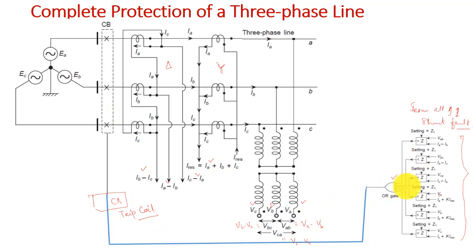So for any kind of fault, single line to ground fault, double line to ground fault, double line fault, triple line fault, or 3 phase balanced fault, 3 phase to ground fault, it will cover protection of the 3 phase transmission line. This is the complete protection scheme of a 3 phase line by using the distance relay.